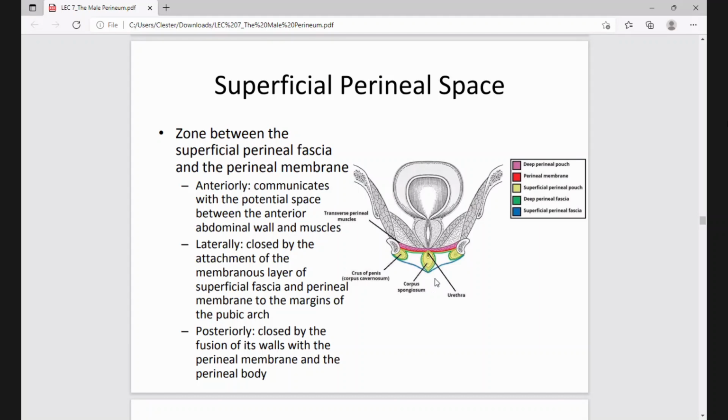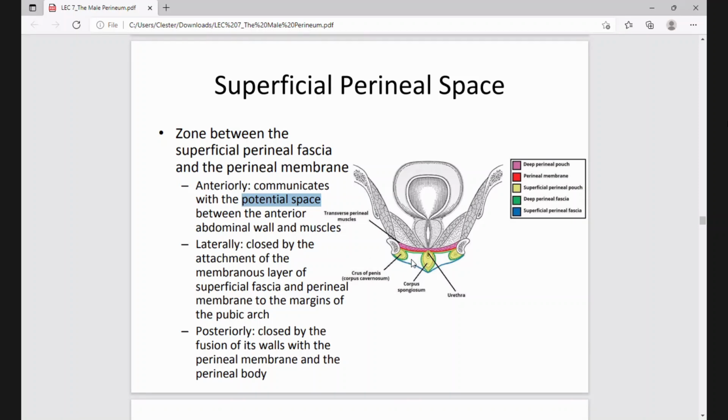Now let's discuss about the superficial pouch. Anteriorly, this space communicates with a potential space in the anterior abdominal wall. So, in the anterior abdominal wall, meron na continuation itong superficial perineal pouch. But potential space lang siya. Meaning, hindi siya bukas. Hindi open yung space na yan.